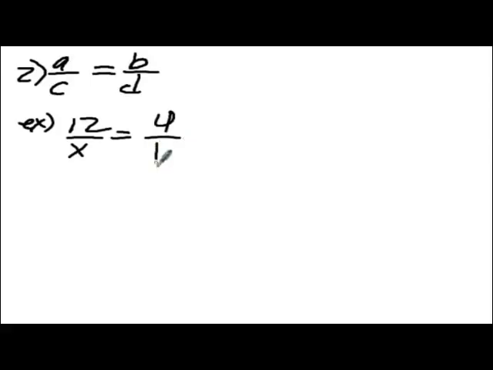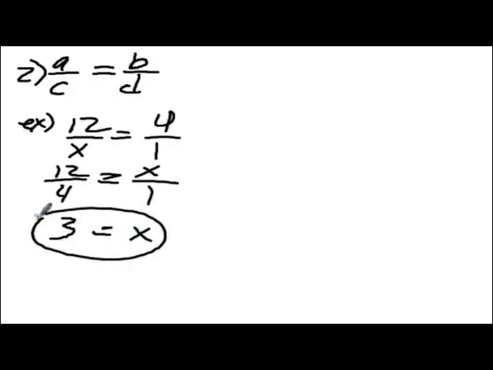You can switch the x and the 4. So let's do that. Leave the 12 and 1 alone. On the right side, what's x divided by 1? X. What's 12 divided by 4? 3. You just solve for x really quick by just moving diagonally.